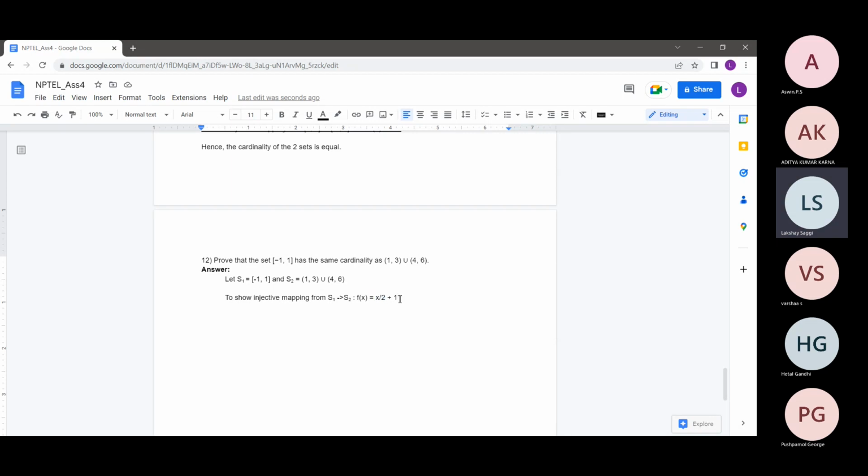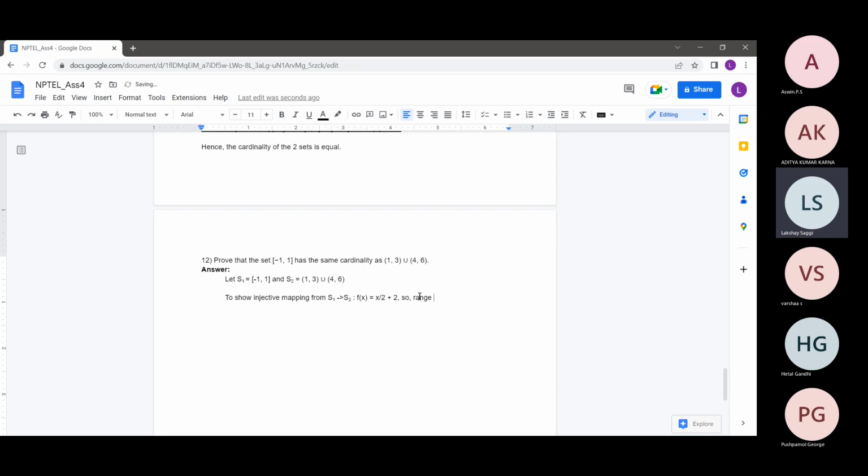Okay, sorry, I'll just change this to plus 2. Now I think it makes sense. x by 2 will lie from -0.5 to 0.5, right? And adding 2 to that will change its value from 1.5 to 2.5. So 1.5 to 2.5 lies in this 1 comma 3 interval. So basically all the values of f of x lie in the set S2. I hope I'm making sense, guys.